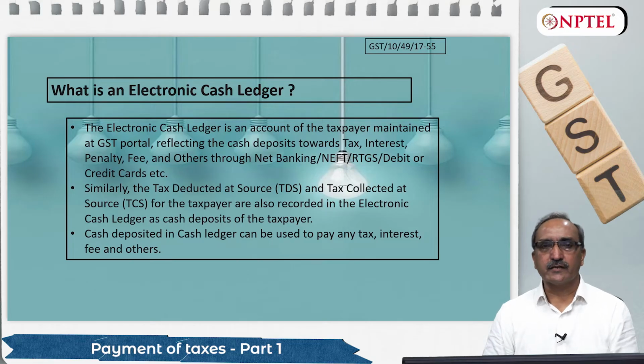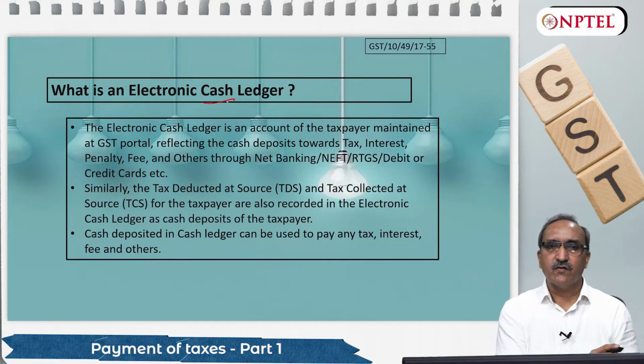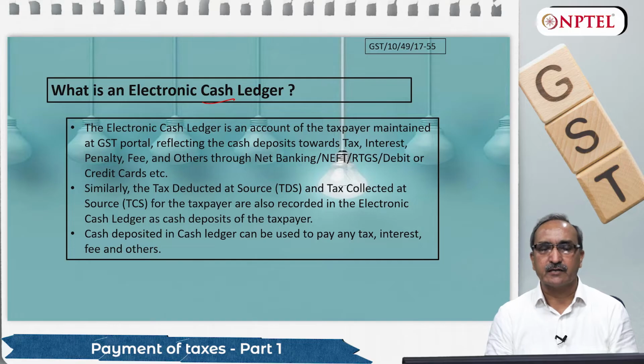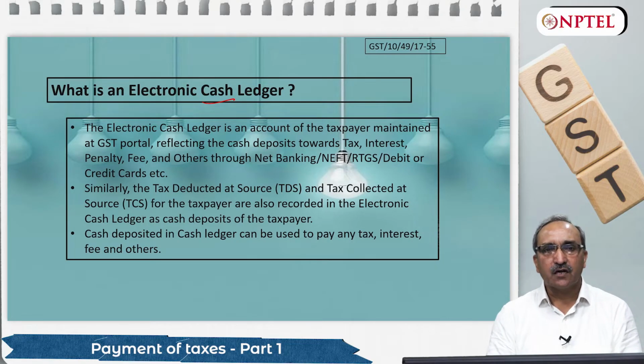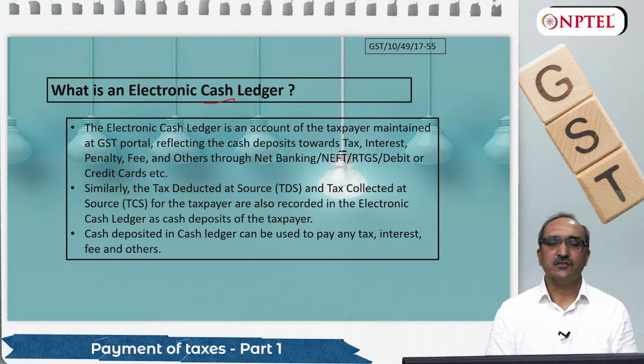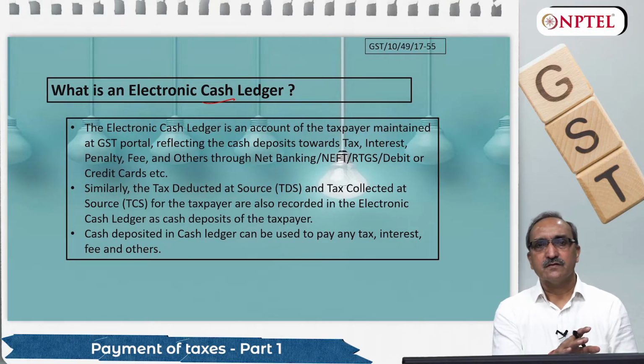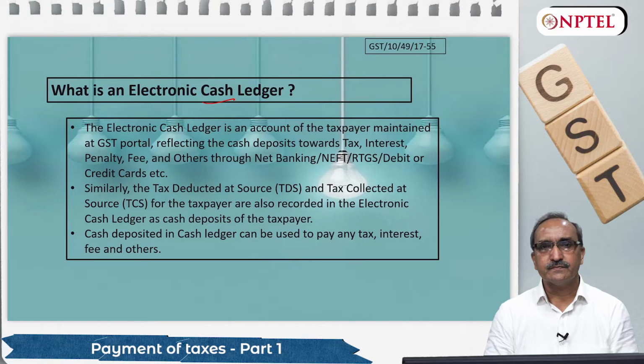Now friends, come to the electronic cash ledger. Till now whatever we have discussed was regarding the electronic credit ledger, how transactions are depicted or undertaken. Now the electronic cash ledger. From where does this cash come to my electronic cash ledger? Because in the electronic credit ledger, entries come through my procurement, through my output liability or through my refund application.